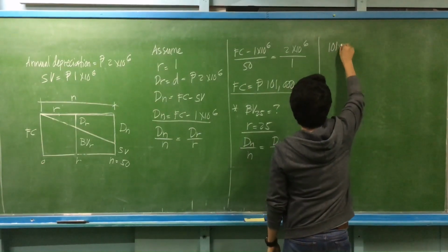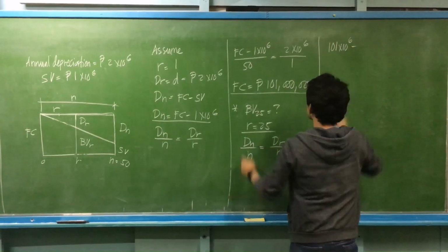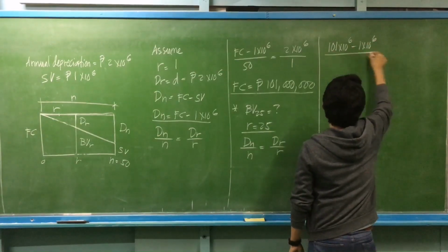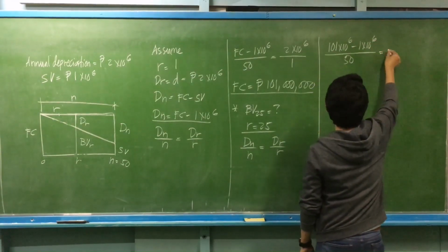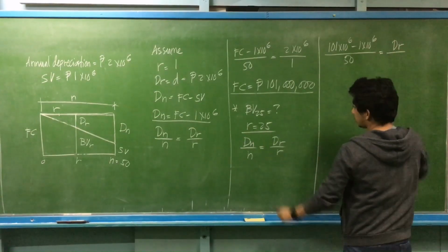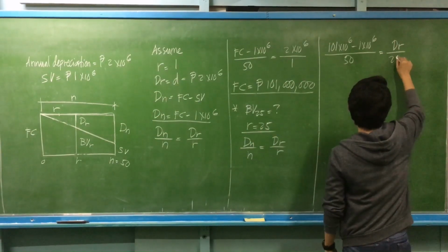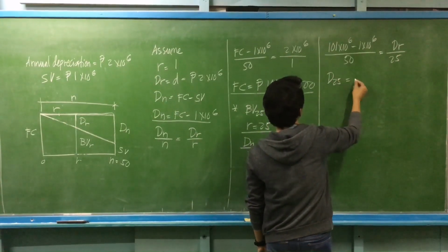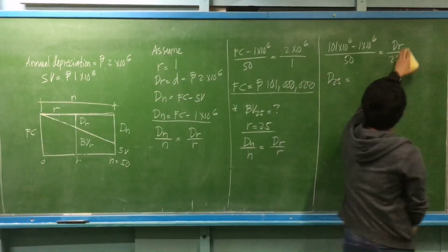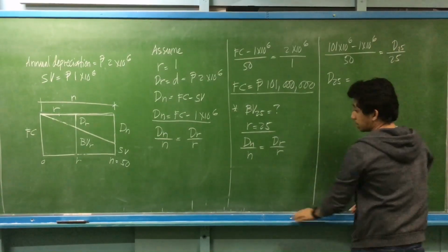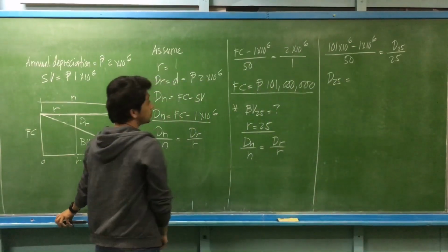We have 101 million minus salvage value is 1 million, good for 50 years. Equal to, kunin muna natin yung d sub R. Assume lang natin R is equal to 25. So, ano yung depreciation after 25 years? So, lagyan lang natin ito as d sub 25, and that is the depreciation after 25 years.